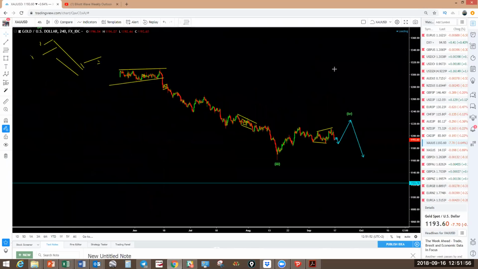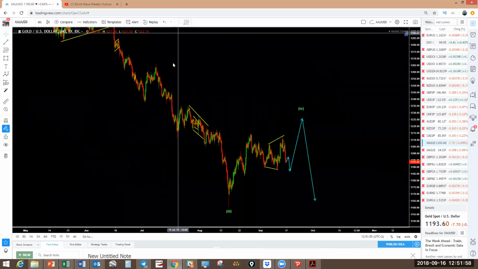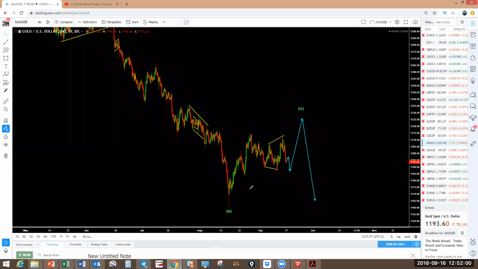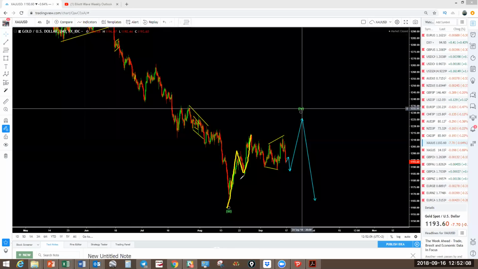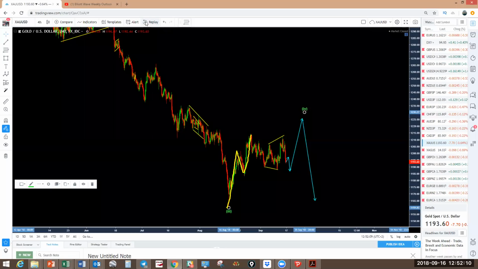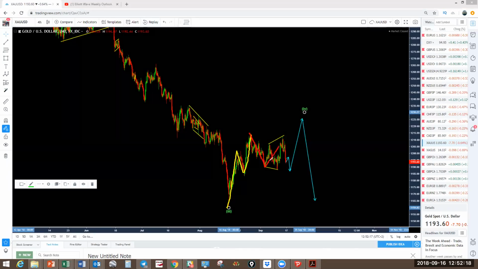So on the 4-hour on gold, we have made a 3-wave move up to the upside. So this is what convinces me that this move to the upside is not going to be the one that reverses, because it's 3 waves. It's not an impulsive wave. So if we're looking at this as a 3-wave move, there's a likelihood that this is giving you a move like this: 3 waves down, bigger 3 waves, and another 3 waves like that.